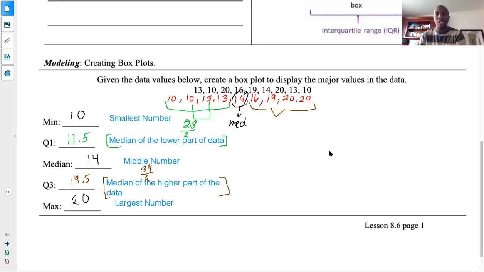What we're going to do is create the box plot. Now, in order for us to create the box plot, you need to have a number line. So what I would suggest everybody do is create a number line on your actual paper. You'll see I'm going to create one. Actually, let me use the color black. I'm going to create a number line here, boom.